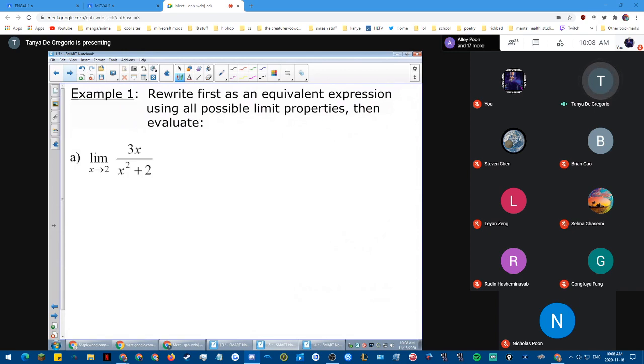All right, so here, rewrite the first as an equivalent expression using all possible limit properties, then evaluate. If I had to just evaluate this normally, I would just sub in 2, and I would get my answer nice and easy. But we have to show all the properties, so let's do it. Who can help me? What's one property that you want to use here? Yeah, the fraction one.